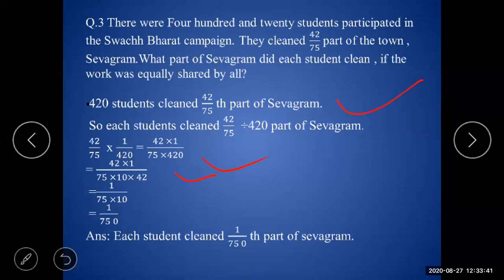Now the upper 42 and the downward 42 will be cut down and only 1 upon 75 into 10 will remain. 75 into 10 will become 750. So each student has cleaned 1 upon 750 part of the Sevagram. I hope you people have understood. Copy it down fast.